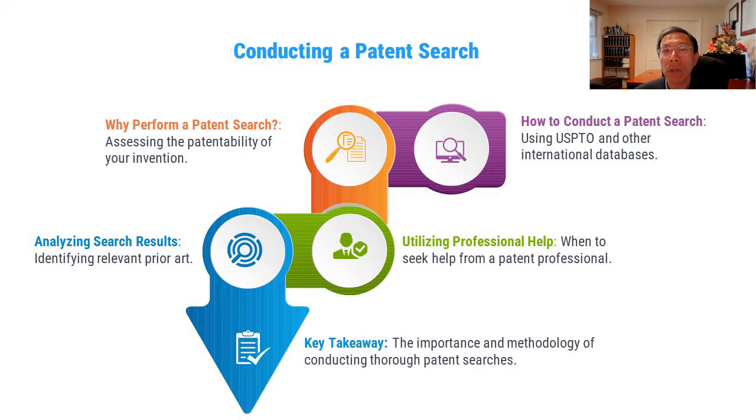So in general, we recommend that if you're writing a provisional application, just do a sanity search, and then you can use that information to write your application and focus on what is the novelty and how it differentiates from the prior art.